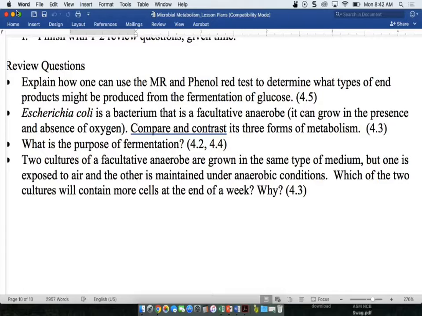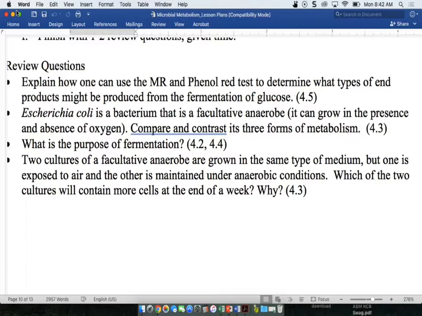As Ashley pointed out, oxygen's the most electronegative of all those electron acceptors we've talked about, so it allows for the most energy to be released from those electrons as they pass from one complex to the next. That allows for the most hydrogen ions to pass across the membrane and ultimately the most passive diffusion of those hydrogen ions back into the cell. Great.